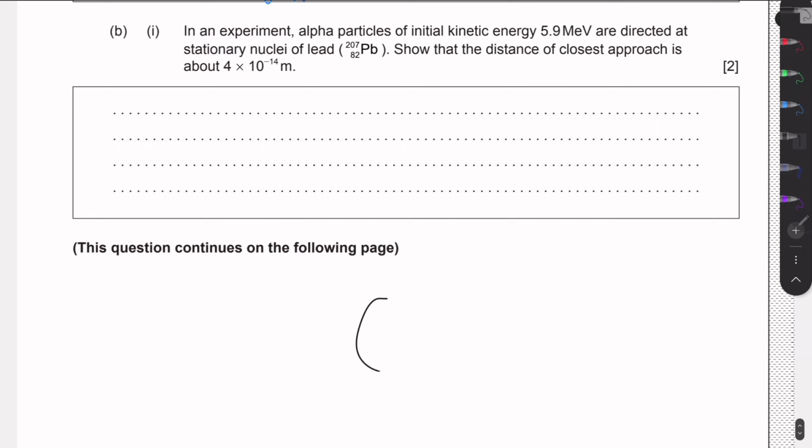So we have some lead nucleus, some Pb, and then we shoot alpha particles at it with some known kinetic energy. And we want to find the distance of closest approach, which is technically the point where the speed becomes 0. And after this point, it will start getting repelled again. So we want to find this distance d when the speed is 0.